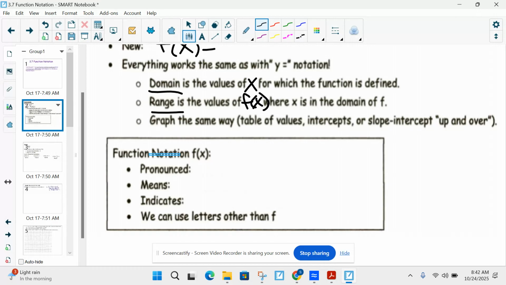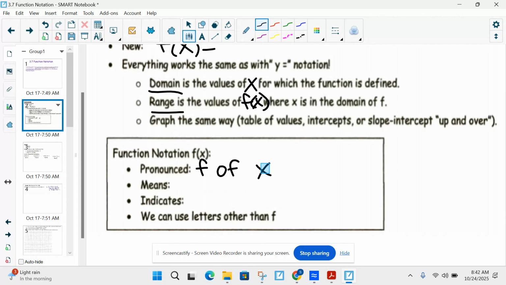Graph the same way, so table of values, intercepts, or slope-intercept form. It's pronounced f of x. It does not mean the f times the x, so you're not multiplying what the x is by the f. It's just a way to write the y value.